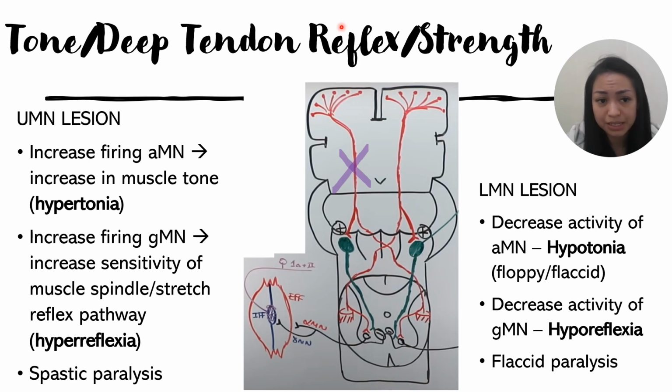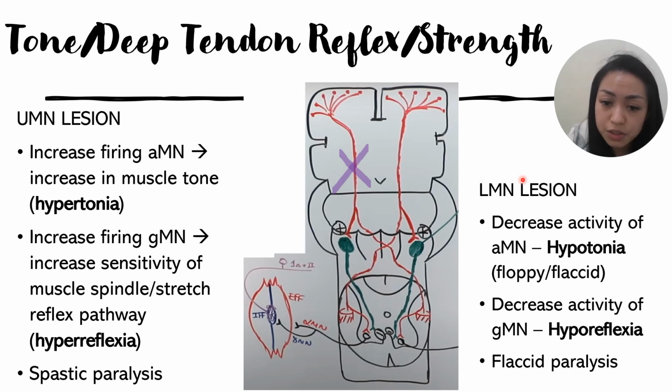So spastic paralysis, I'll explain this in the next slide because I need to compare this with rigid paralysis. But just for now, I want you to remember that upper motor neuron lesions create hypertonia, hyperreflexia, and a decrease in muscle strength, which is paralysis, but the spastic type, so spastic paralysis.